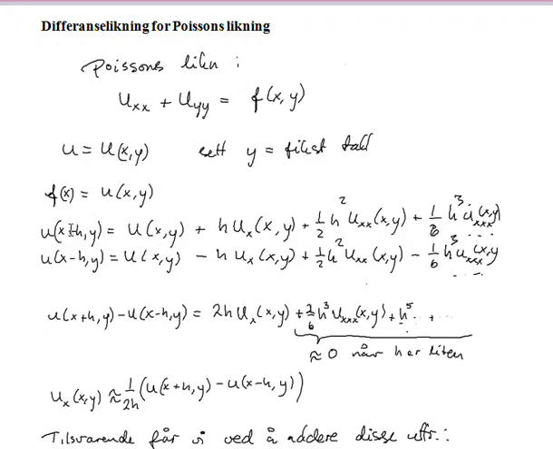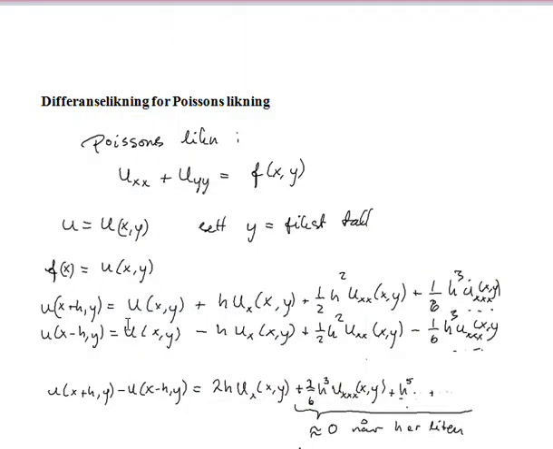So if we just subtract these two equations, we easily find that this subtraction is equal to 2h times the derivative of u with respect to x, plus some higher order terms of h.